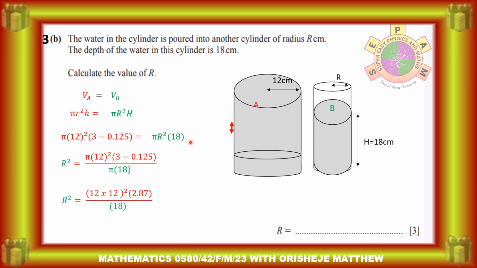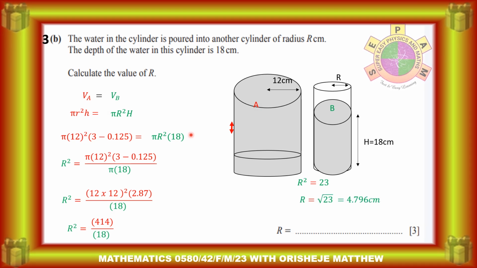So expand. 12 square is the same thing as 12 multiplied by 12, and then 3 take away 0.125, that will give 2.875. Okay, then divided by 18. So with that, we have 144 divided by 18. Then that will become R square is equal to 23.